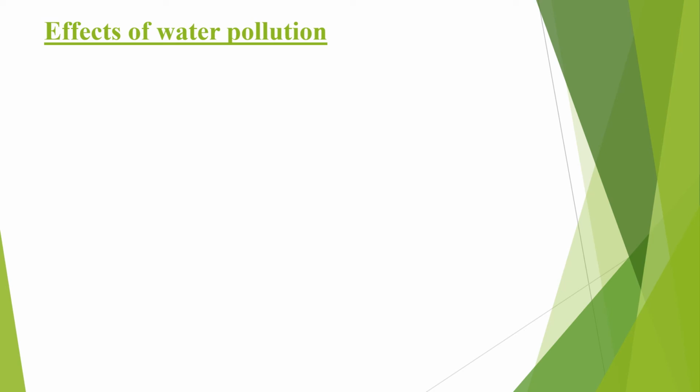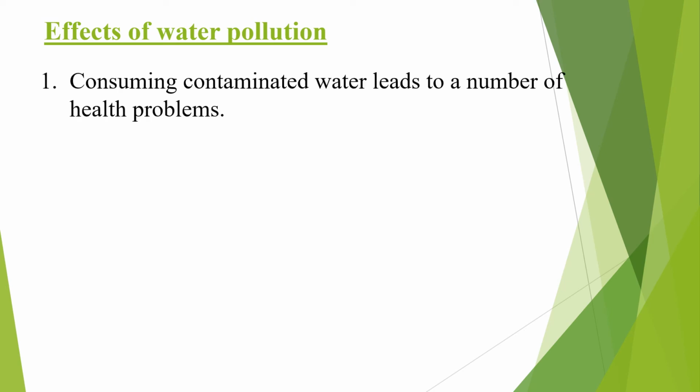Some of them are: first, consuming contaminated water leads to a number of health problems due to waterborne diseases such as cholera, typhoid, jaundice, etc. Excess amounts of metals in drinking water such as fluoride, lead, copper, etc. can cause general body weakness, mental retardation, failure of internal organs, cancer and even death.